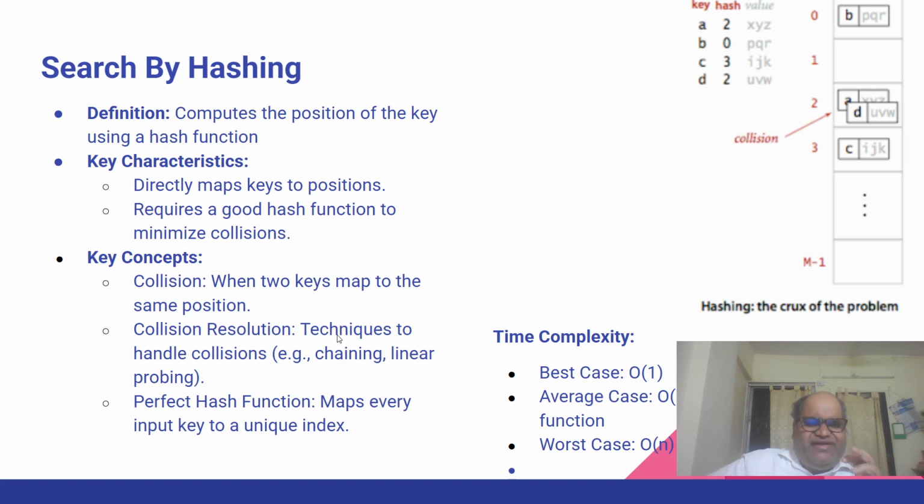Now many a time, sorting could be prohibitive, right? And still you want an even faster search than binary. That's where hashing comes in. Of course, there is no free lunch, and the way a hash is designed, it requires some additional storage.